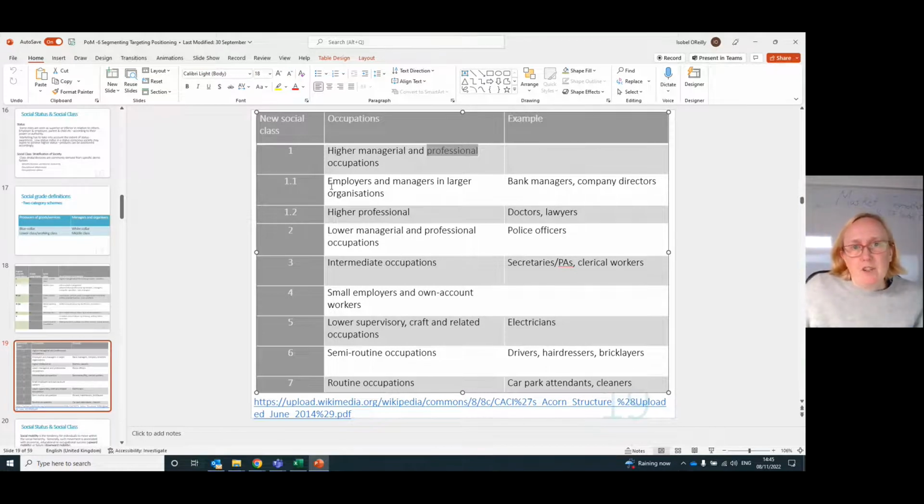So then the next division is employers and managers in large organizations. The employer, whether they're in there or lower down, is all to do with money: how many they employ, how much the business is worth, how much they are earning from that business, and so on. If it is quite a lot, then they get up there. If it's not that much, they're down here.